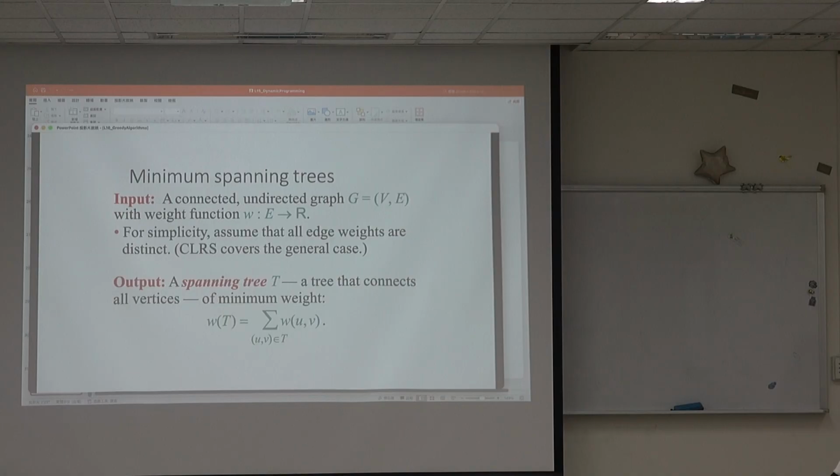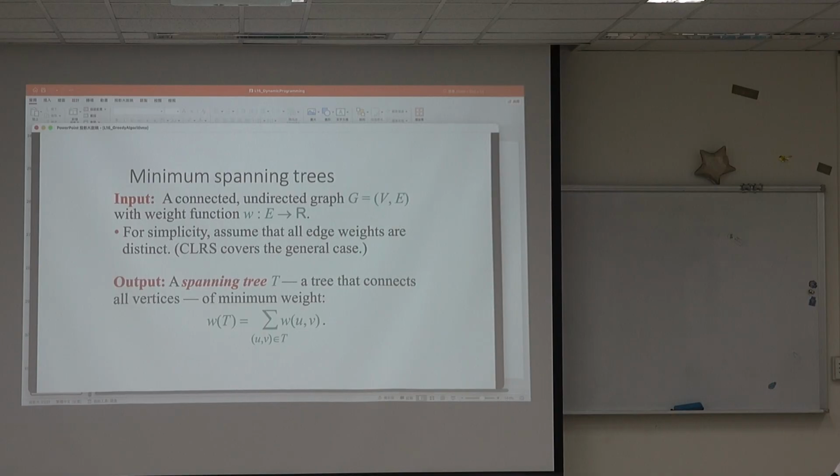And when we say minimum spanning tree, I mean among all the possible spanning trees, we want to find the one with the minimum weight. When I say minimum weight, remember each spanning tree has n minus 1 edges, so you add up the weights of those n minus 1 edges.